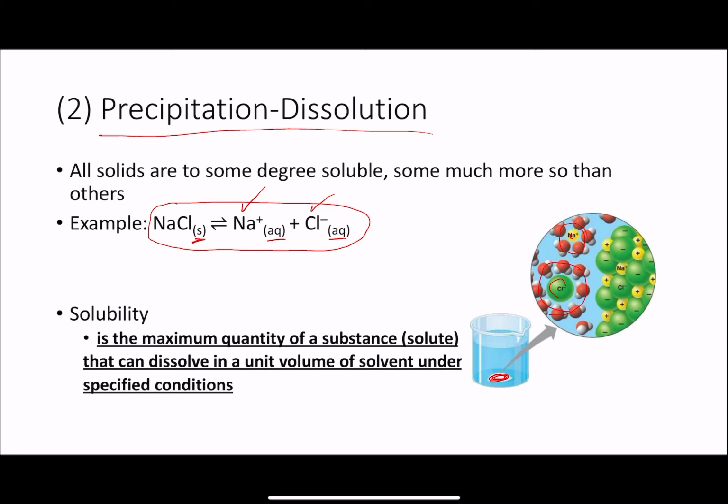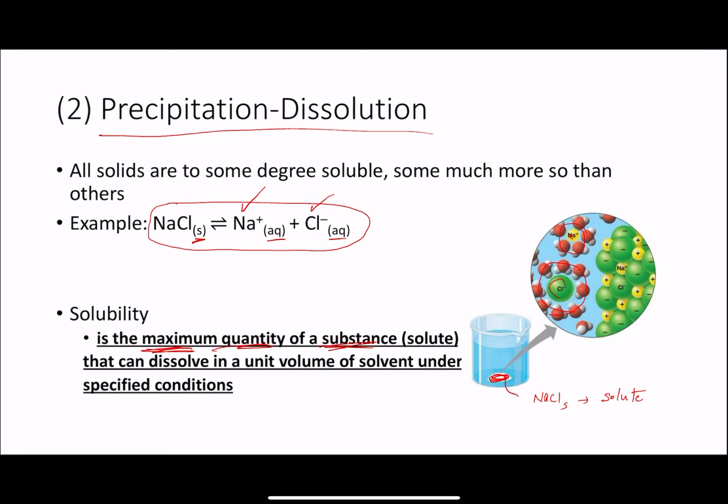Now we come to something important. What is solubility? It is the maximum quantity of a substance. We call this NaCl. We call it solute. NaCl, if we are dealing with NaCl, solid, we call it solute. The maximum quantity of a substance, solute, that can dissolve in unit volume of solvent water.